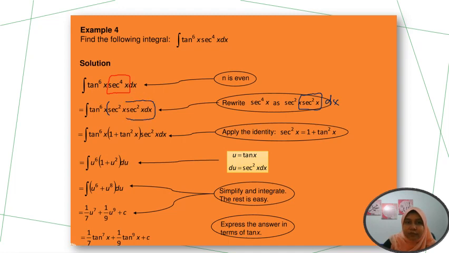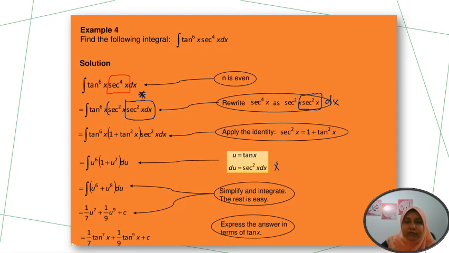We have to modify it so that the function will have this type of secant square x. In this case we can let u equal to tangent x, so that if we differentiate u, we get du equal to secant square x dx.